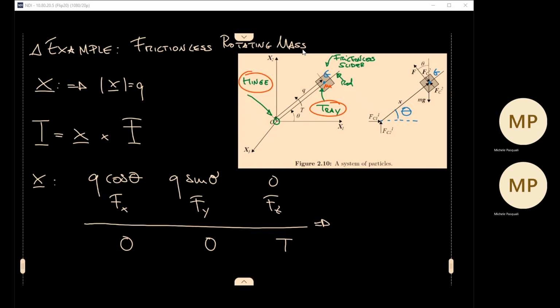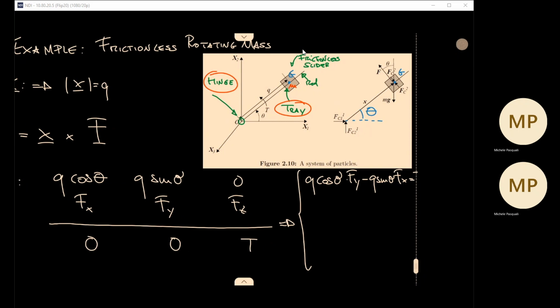So you have that q cosinus of theta times fy minus q sinus of theta times fx is equal to T. So this is along z basically.